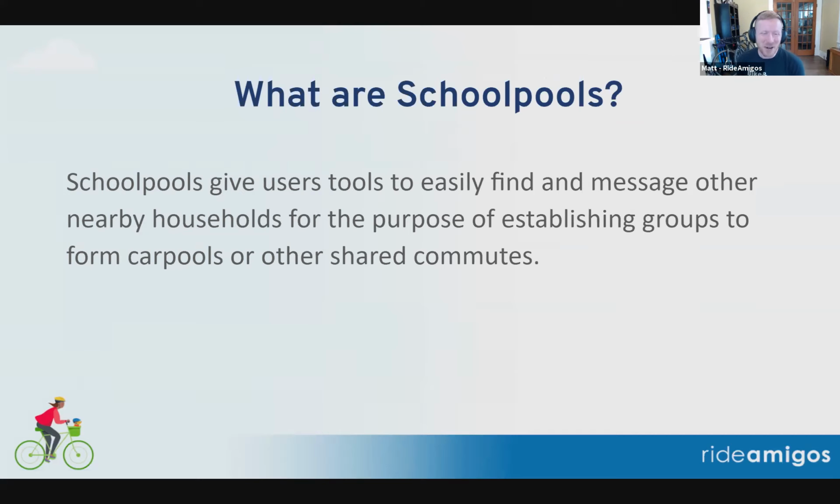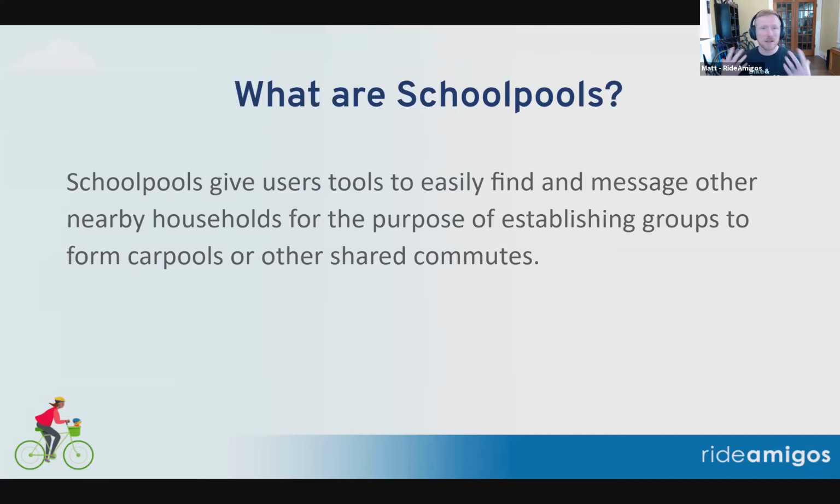So what are school pools? School pools are a tool that is designed to let users find and message each other based on being households within the same school. The idea here is that we're helping to put users that are in close proximity to each other in touch, to help them know that their neighbors are nearby and that they're interested in school pool programs.